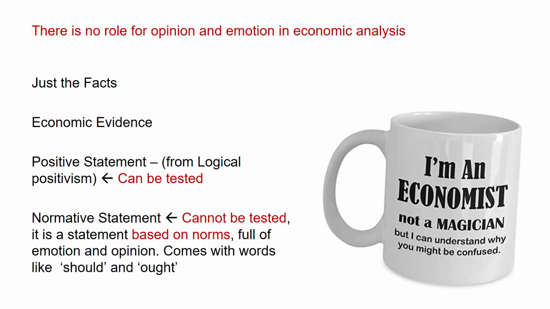And your statements will come out of those norms, those emotions, those opinions, and you'll be saying things like, we ought to do this, we ought to do that. And those can't be tested. It's not that there's no place for that in economics. That layers on top. So, first thing we want to do is test the positive.